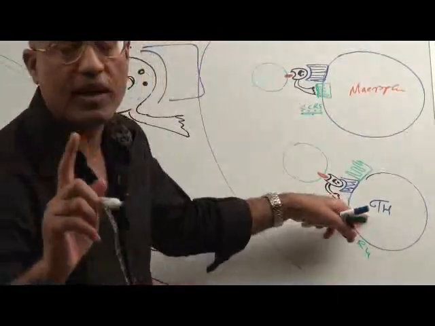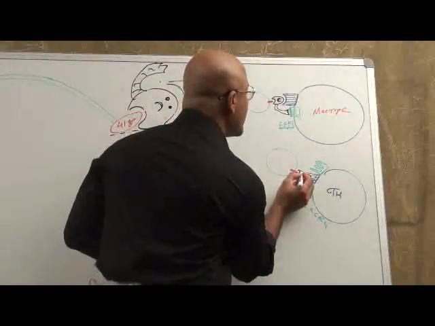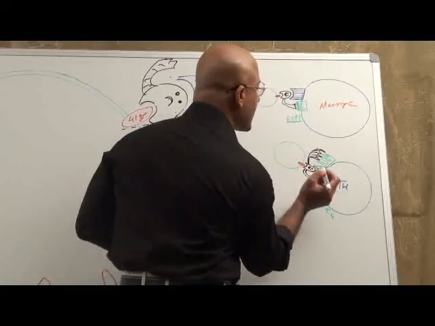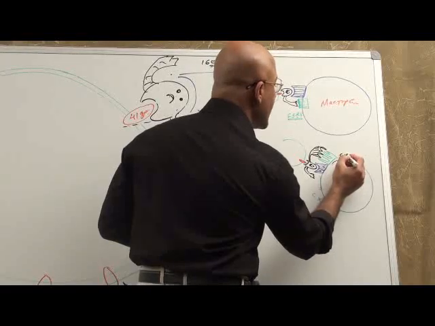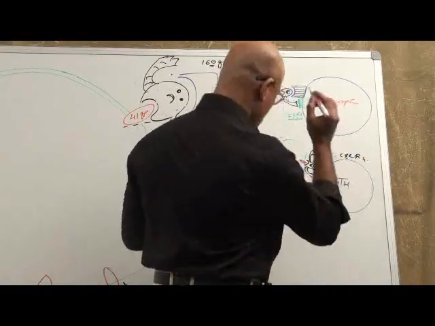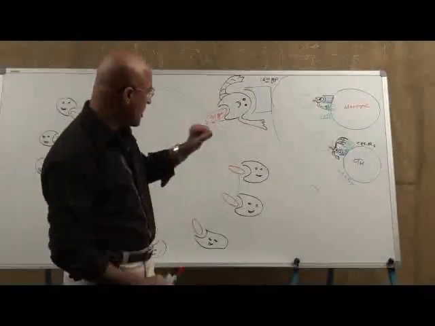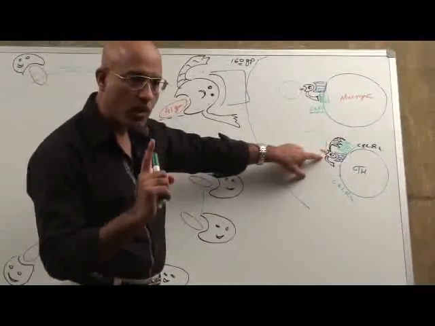No, because the T helper cell does not have CCR5. But then it will bring out the other hand, and the other hand is capable of interacting with CXCR4. Am I clear?